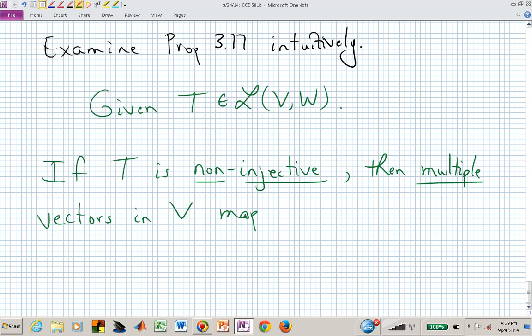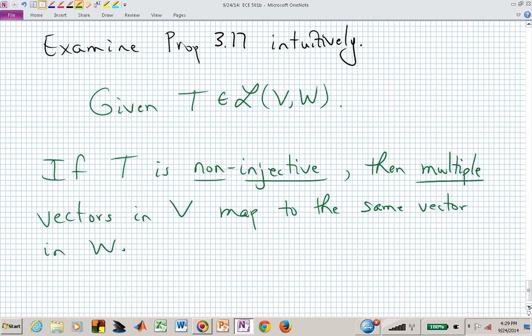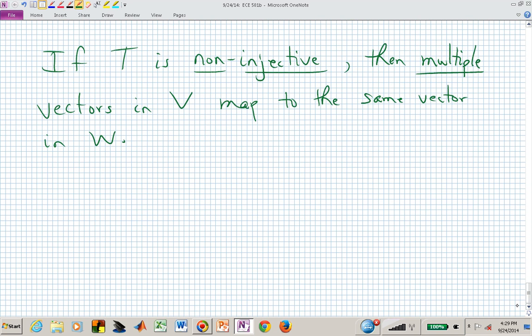Multiple vectors in V map to the same vector in W. Pictorially, you could have V1 and V2.